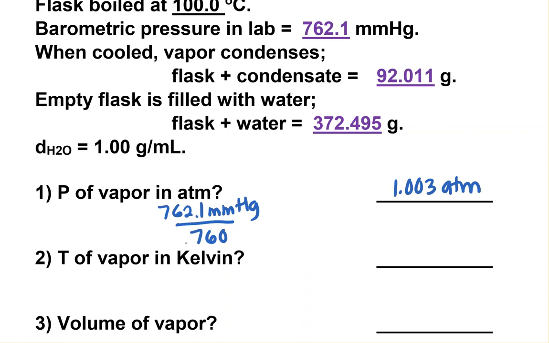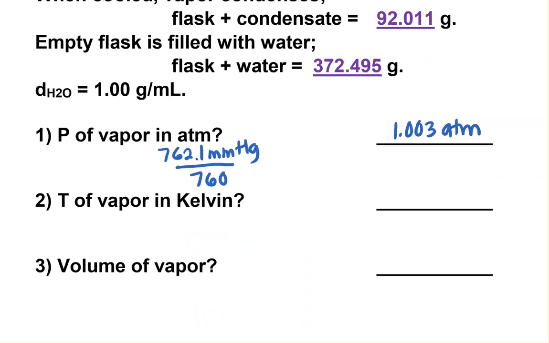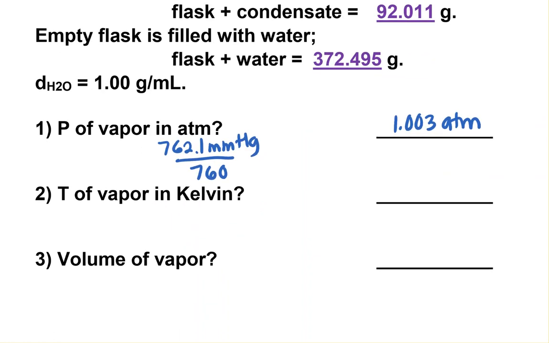We treat the 760 as exact, so our answer has 4 sig figs. Okay, our temperature in Kelvin. This is the temperature we're using. So we're going to add our 273, and I'm going to go ahead and round that off here. You could just leave the 1.5 and keep track of how many sig figs, but okay.